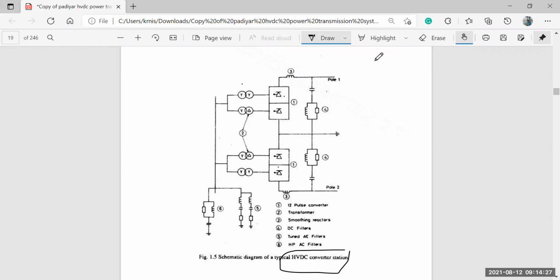If this figure comes, it will be in the second question. Another segment would be asked like advantages and disadvantages, or the comparison between AC and DC transmission lines. Out of this, no other questions could be asked, because you have to learn only the smaller part.